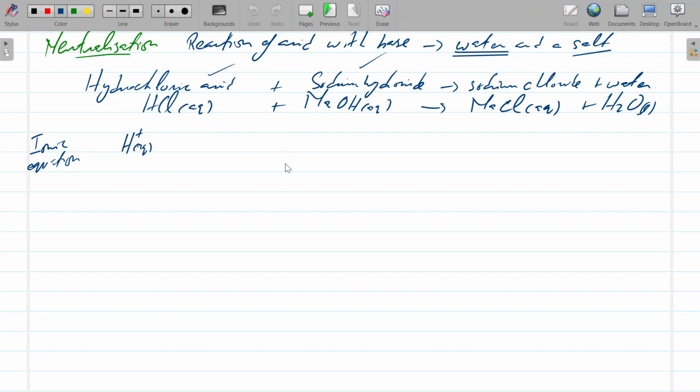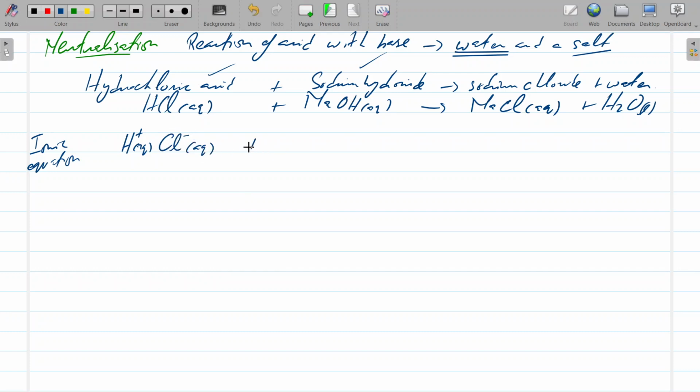Let me write out the ionic equation for this. We can write this out normally as we have, or we can write it out with the ions clearly showing.